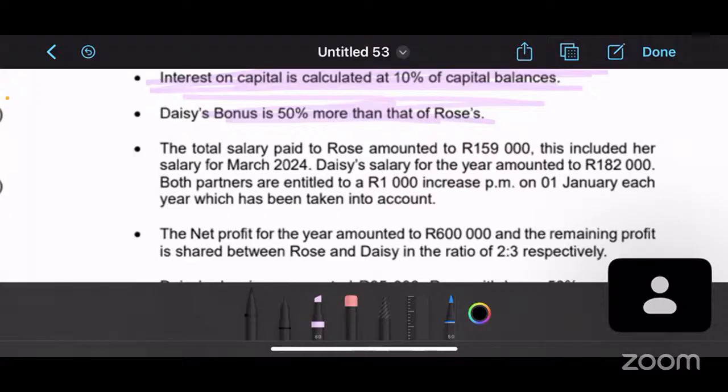So for 9 months, this person was earning the same amount, but then for 3 months, wait.